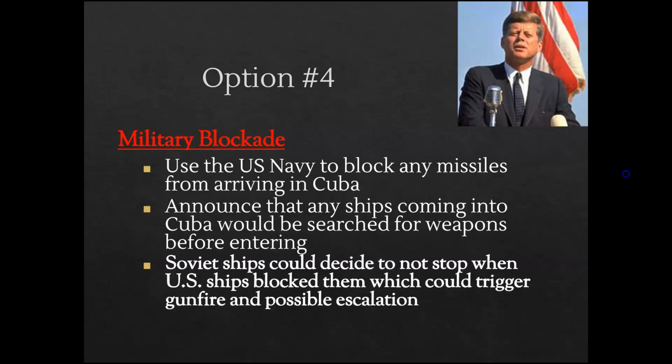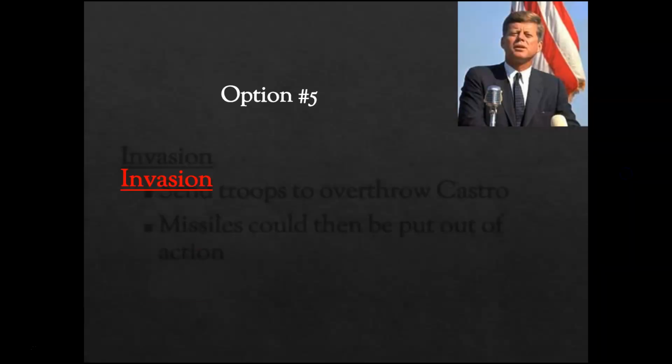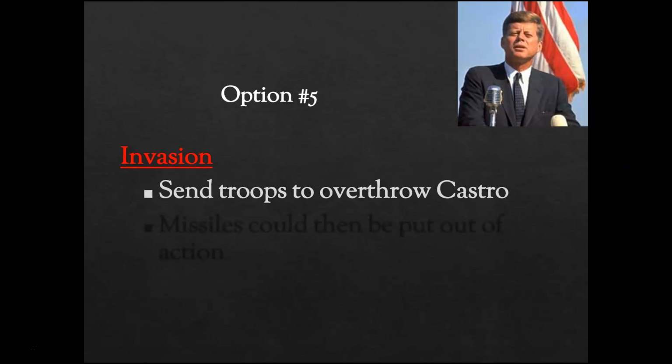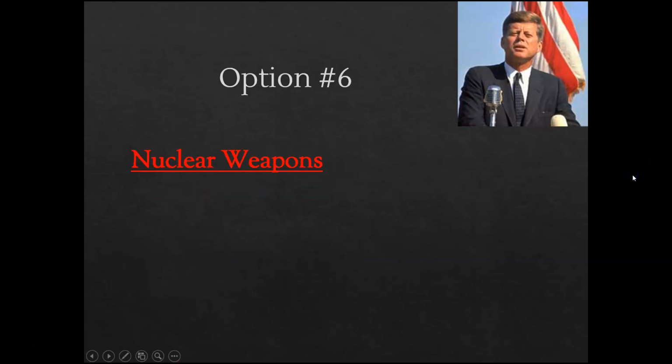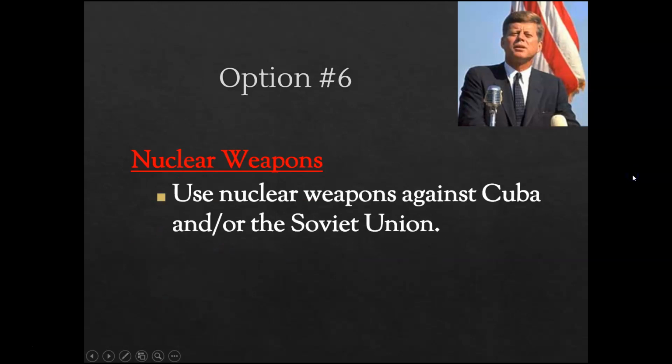Okay, option 5. Invasion. Send troops to overthrow Castro. Just straight up military invasion. Missiles could then be put out of action. That might work. I don't know what the reaction of the Soviets would be, but he could have done a traditional military invasion. And option 6, nukes, nuclear weapons. Use nuclear weapons against Cuba and or the Soviet Union.